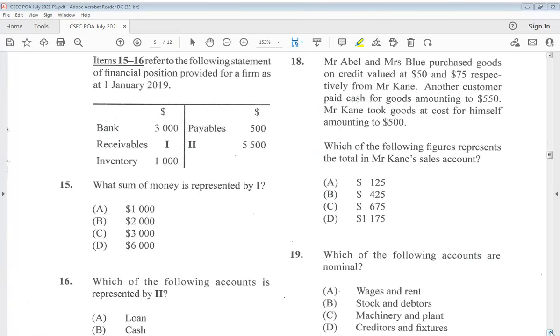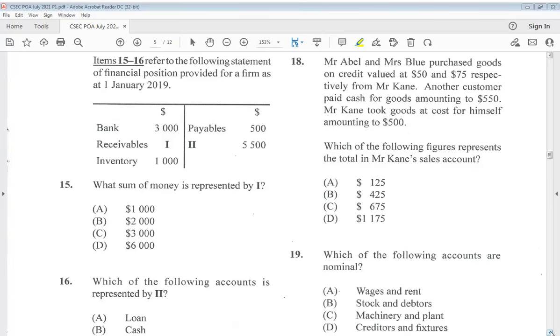Items 15 to 16 refer to the following statement of financial position provided for a firm as at the 1st of January 2019. So here, what do you notice that we have here? We notice this is a representation. We have our balance sheet. So we notice we have our assets.